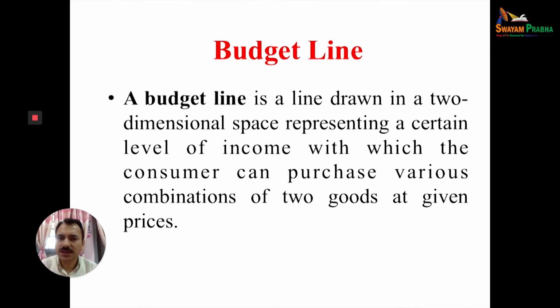A budget line is a line drawn in a two-dimensional space representing a certain level of income with which the consumer can purchase various combinations of two goods at given prices.